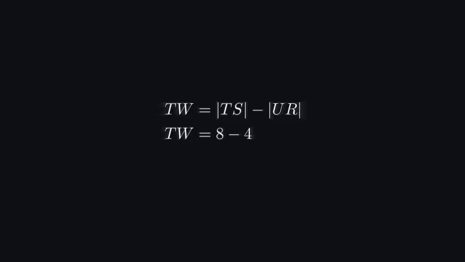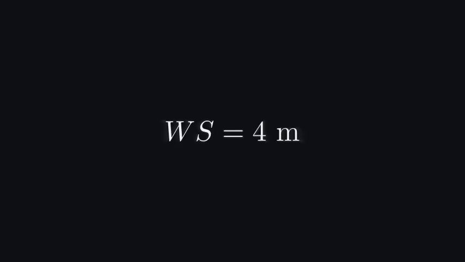TW equals 8 meters minus 4. TW equals 4 meters. WS equals 4 meters.